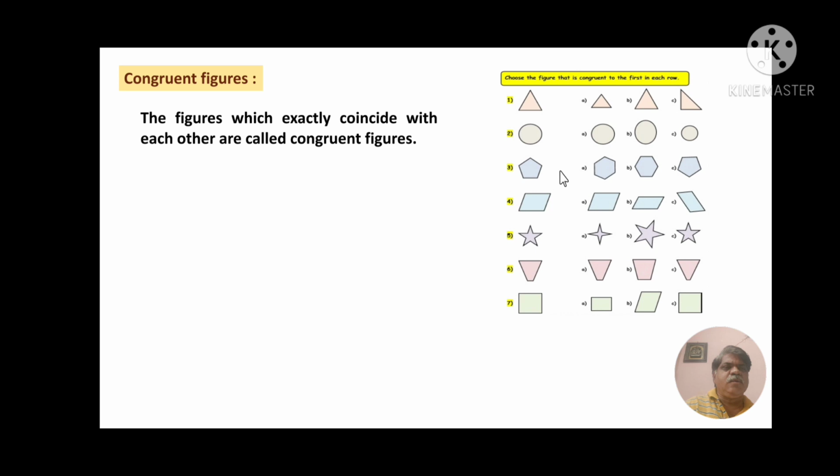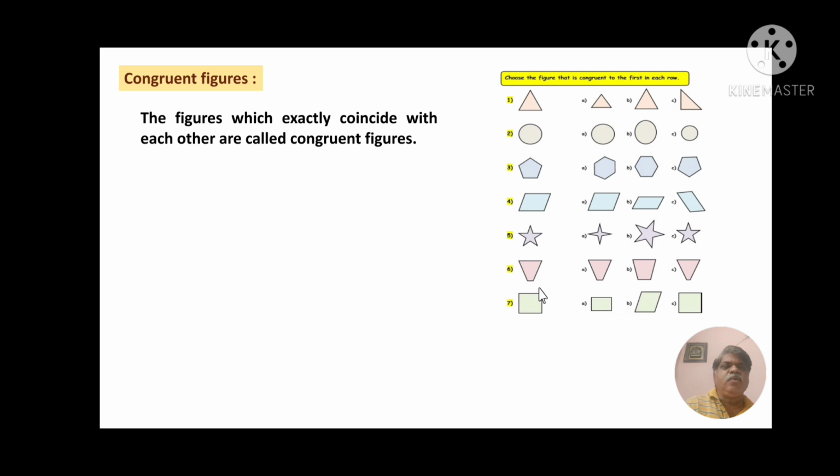For this pentagon, this is hexagon, this is hexagon, this is the pentagon. This is the parallelogram which is matching with this. This is a star, it is matching with this. This is the figure matching with this one, and for this square, this one. The remaining figures could not match.